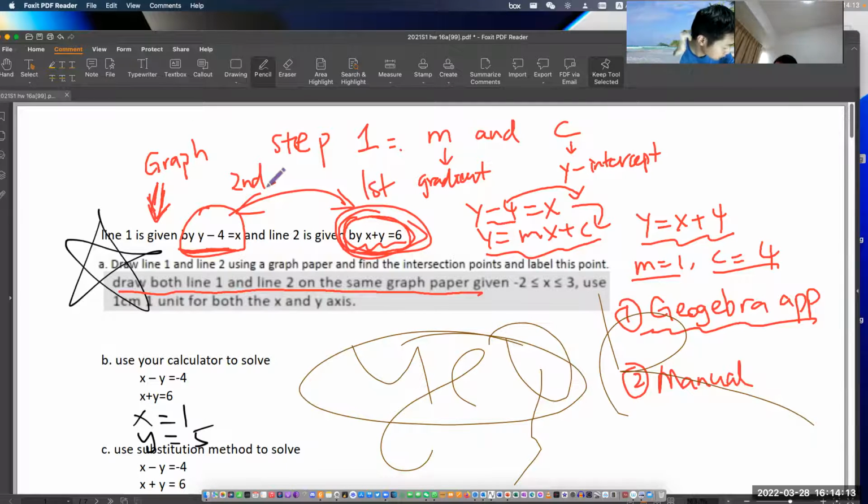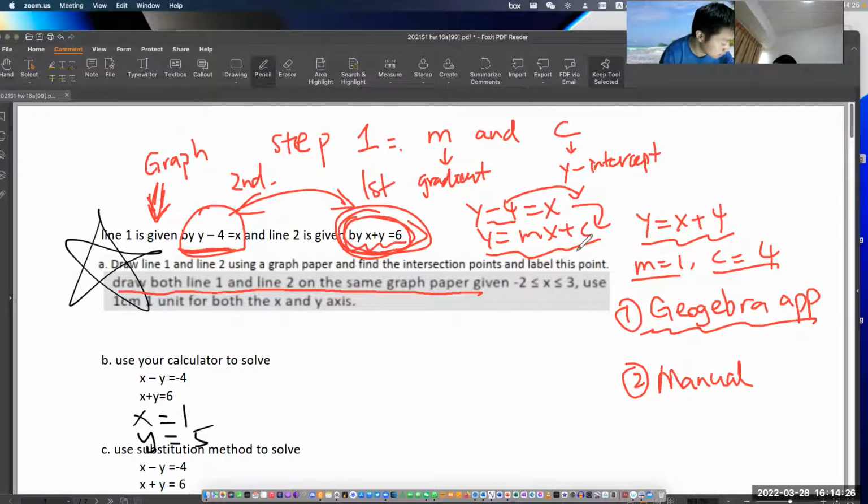Done. Are you done? Should be quite fast. I just key in these two inside only.